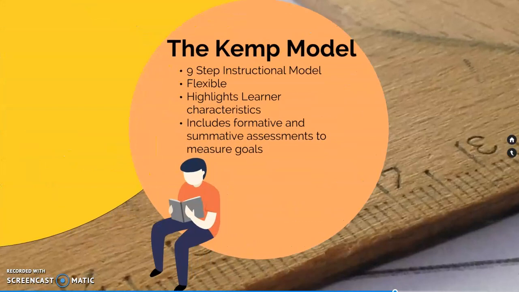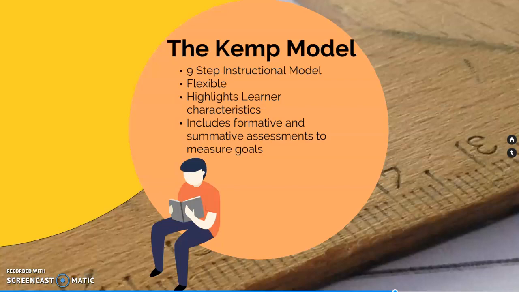So some specific connections to the Kemp model and why I felt that this lesson is successful with the Kemp model is that it is very flexible in meeting the different needs in my mathematics classroom. It's flexible to the diverse needs of learners that I have in this classroom. And it also helps me organize and reevaluate the learning outcomes based on these specific characteristics and needs.